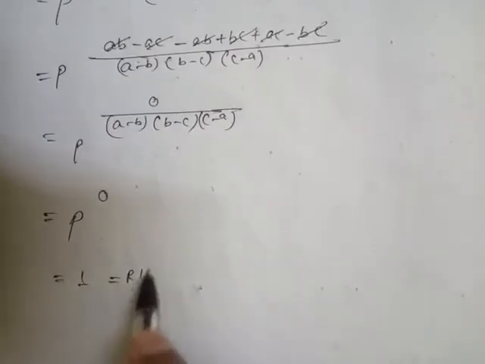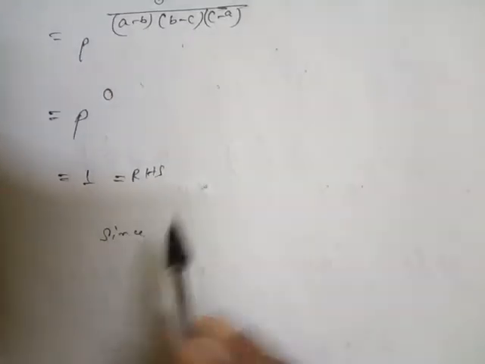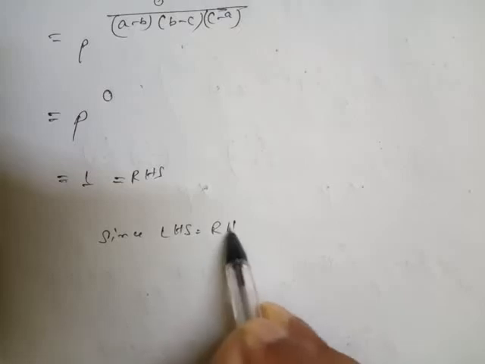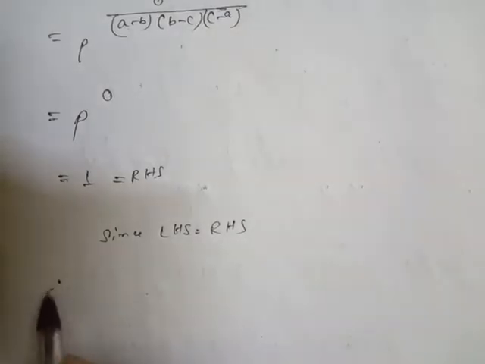This is our RHS. So in the last line we will write that since LHS equals RHS, therefore we write the question equals 1.